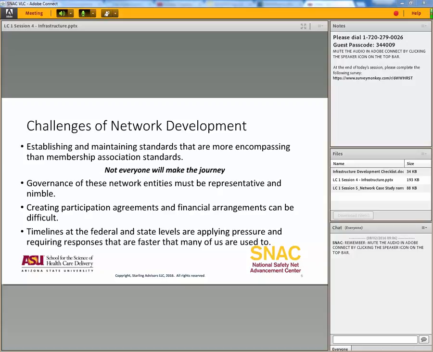Governance, as we discussed last week, does need to be representative and nimble. And part of the reason for that, as we'll explore today, is that the governing body of any network is faced with two very important, day-to-day activities.